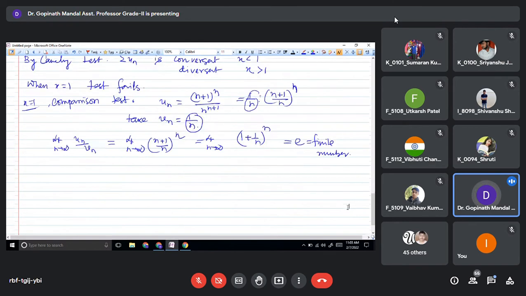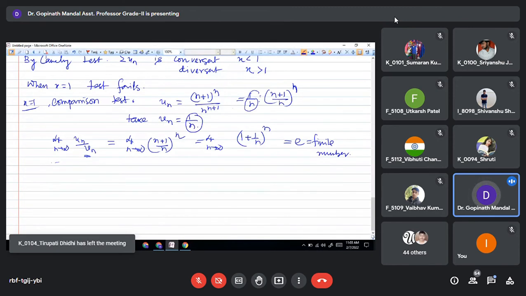So the comparison test states that if limit n tending to infinity of un by vn is a finite number, then un and vn both converge or diverge together.